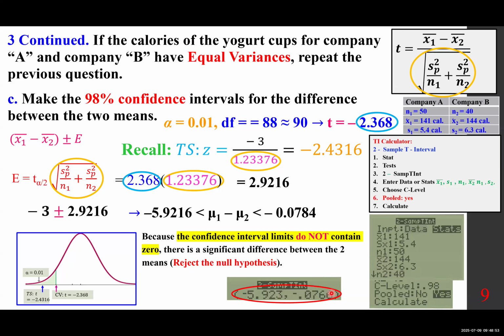If you look at the confidence interval, minus 5.923, extremely close, minus 0.0766, minus 0.0784, extremely close. So again, the main difference here is because of the degrees of freedom, we have to go with 90, they go with 88. They don't have that limitation, okay? As you can see, very close.